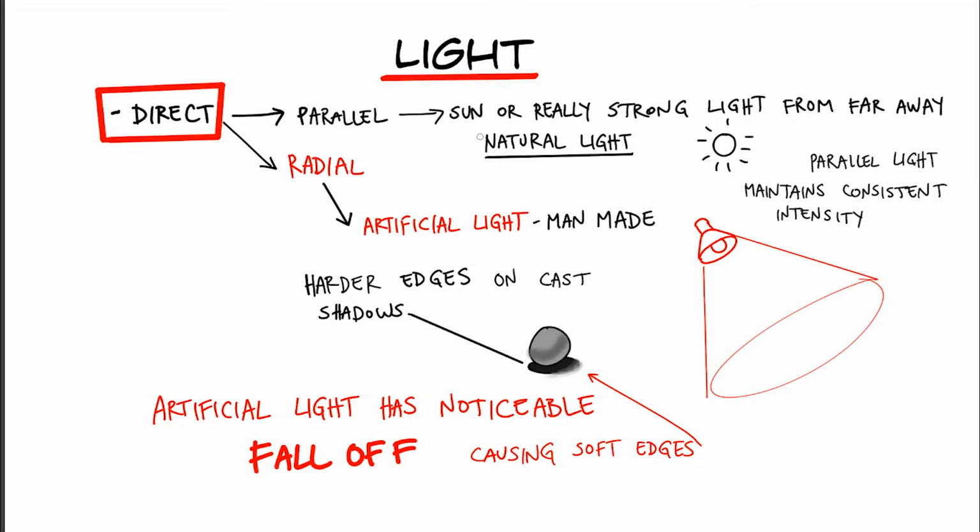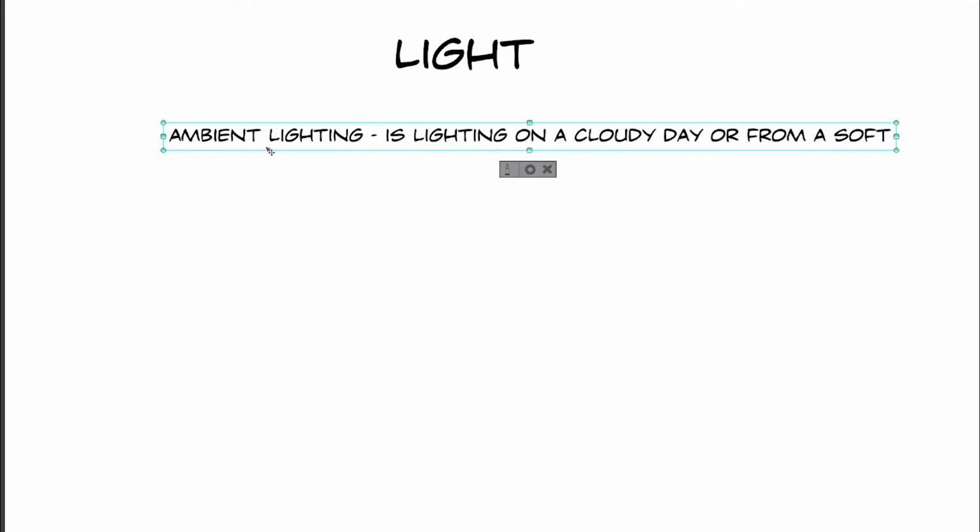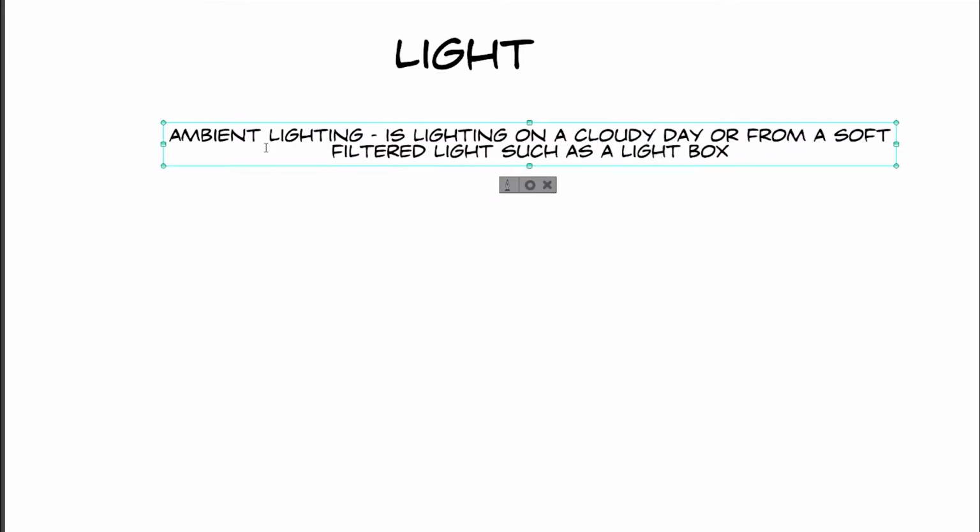So the other type of light is ambient. Ambient lighting is light on a cloudy day or from a softbox. It's filtered light. Cast shadows would have very soft edges.